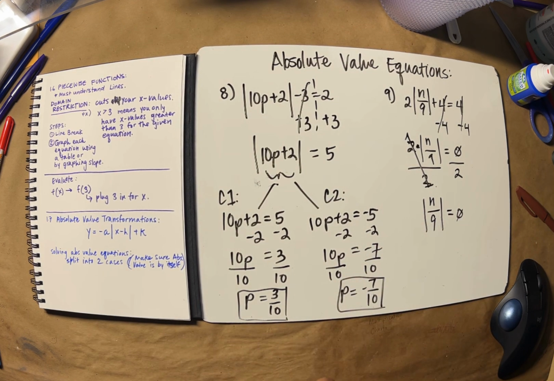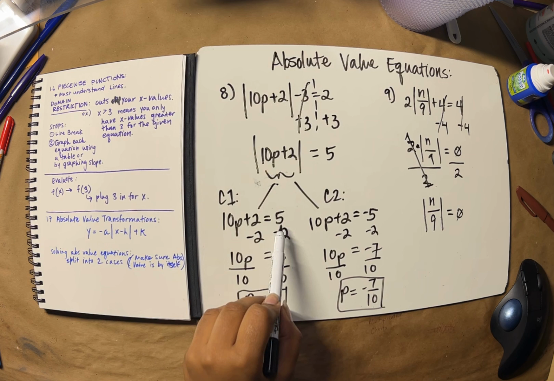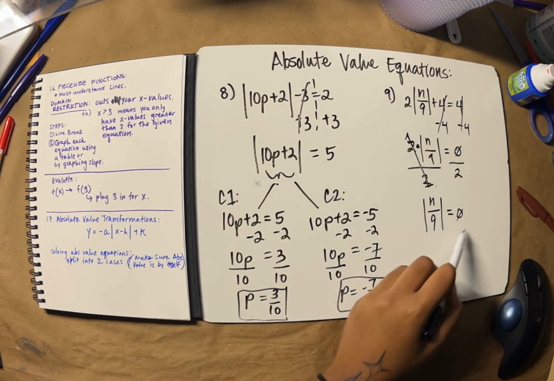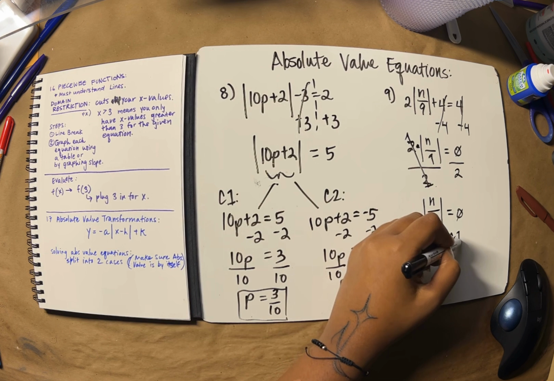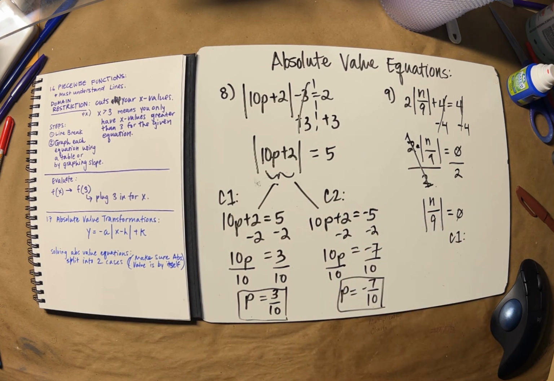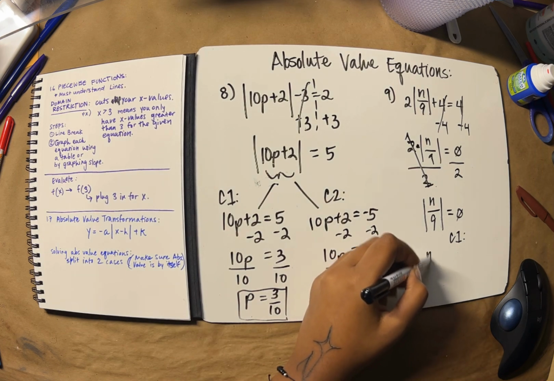Now I can make my cases. But I ask you, can I have a -0? Like I could have a -5 and 5, but I cannot have a -0. This is one of the only cases where we only have one case. There's only one possible n value for this equation. So I have n over 9.